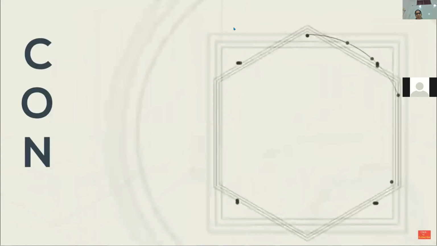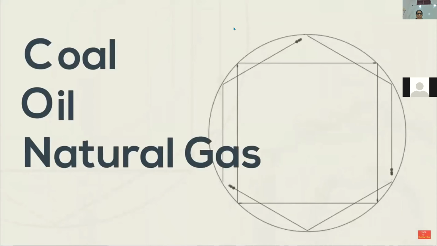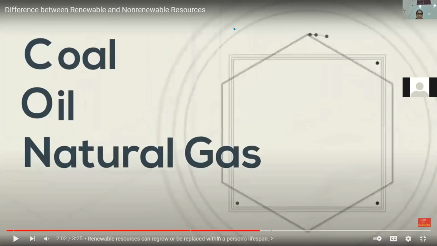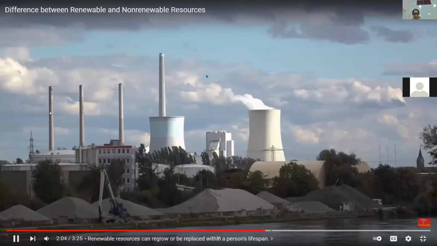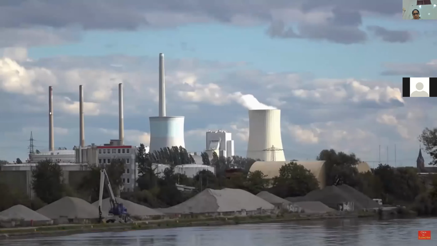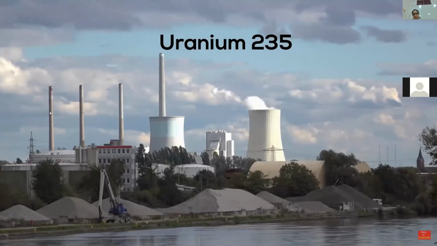This stands for coal, oil, natural gas. Nuclear fuel is also a non-renewable resource. Uranium-235, which is used in nuclear power plants, is found in a finite amount.